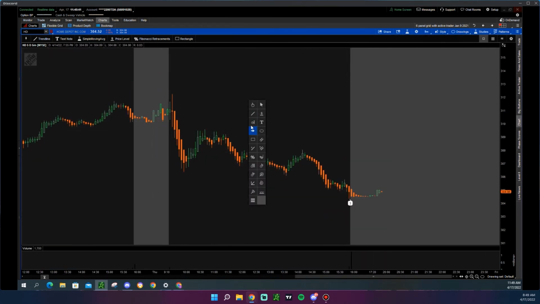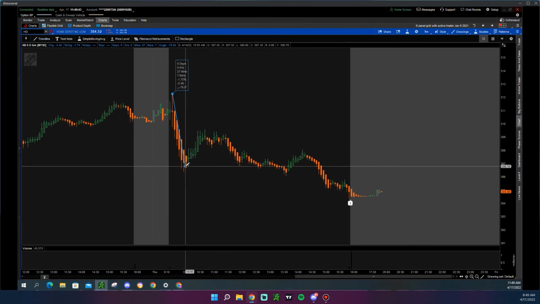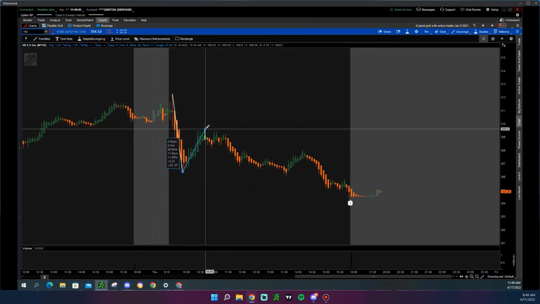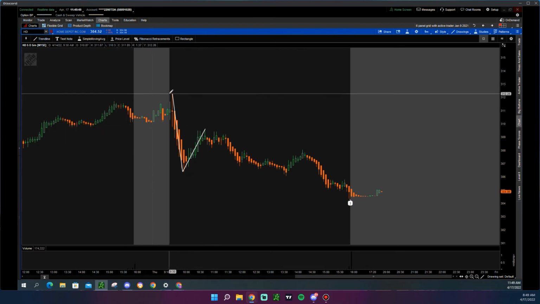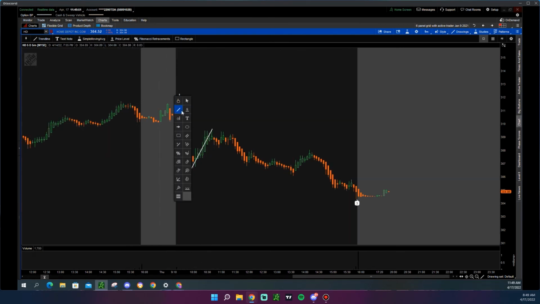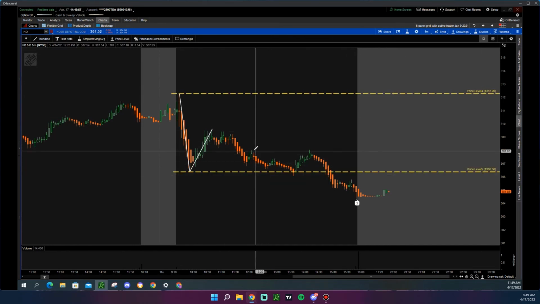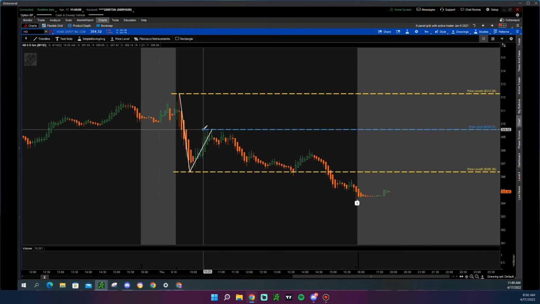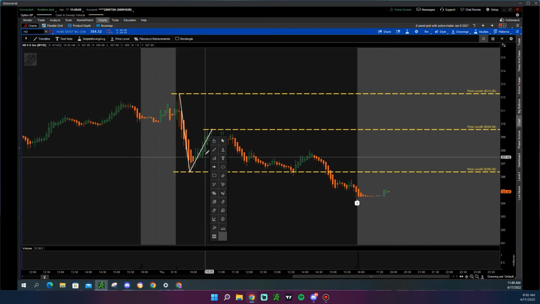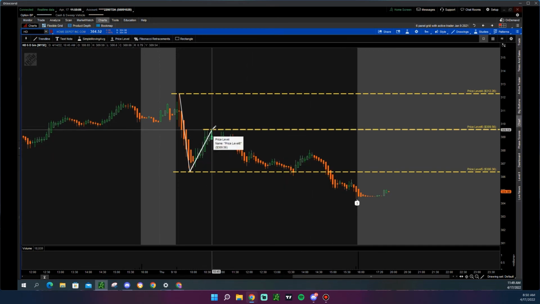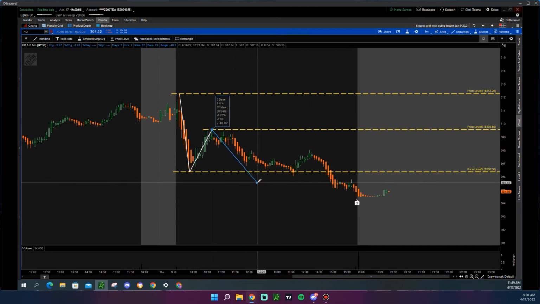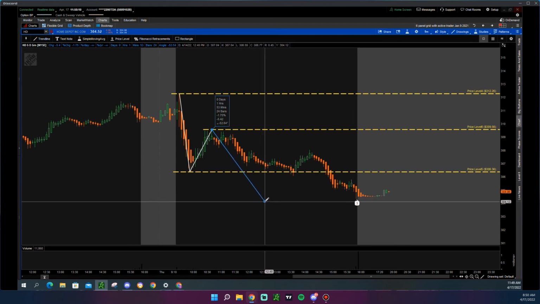So the opposite would be, here's your A, here's your B, I'm sorry, A, B, C, and then the D would be the measurement from here. So this would be $6 from here. So $6 and then it continues down. So where?